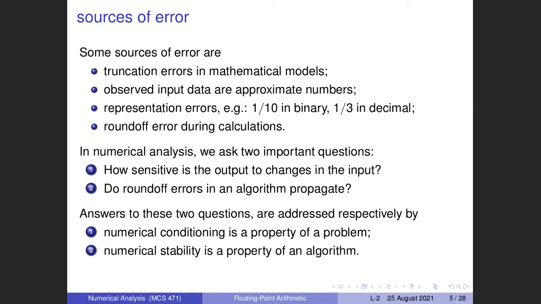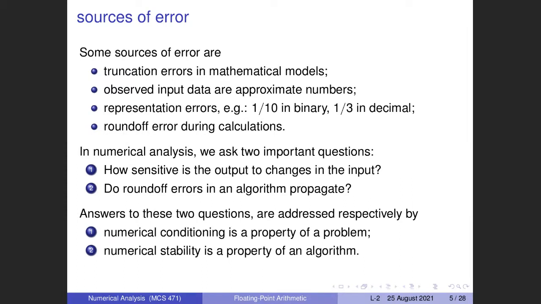If we have a nice problem, the size of the changes in the input will be related to sizes of the output. Okay. The other question is what happens with the round-off errors?